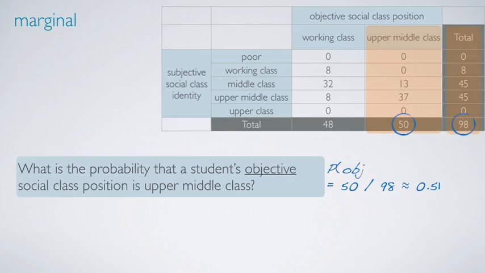We'll denote this probability of objective UMC, the upper middle class. The notation isn't all that important, but it will make it easier to compare to joint unconditional probabilities once we define them in the next few slides. Note that the term marginal probability comes from the fact that the counts we use to calculate this probability came from the margins of the contingency table.